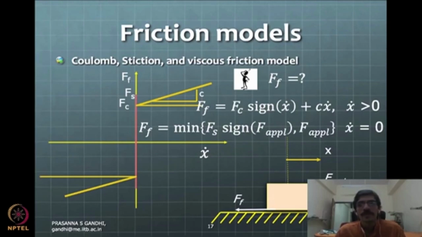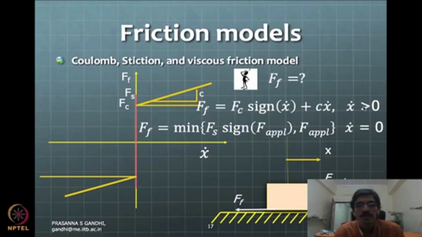To understand a little more about this, we need to go into the macroscopic level of what is happening, how this friction is coming up in the first place, and understand the different phenomena happening there. Then we can enhance this model further to see that this Fs does not go to Fc in that kind of a sudden fashion.